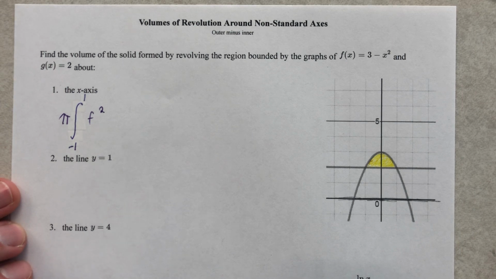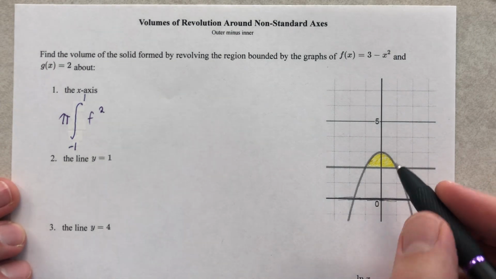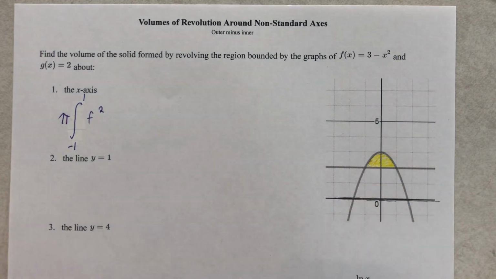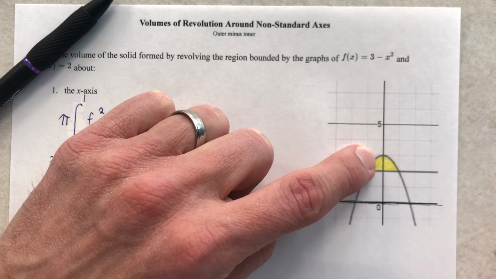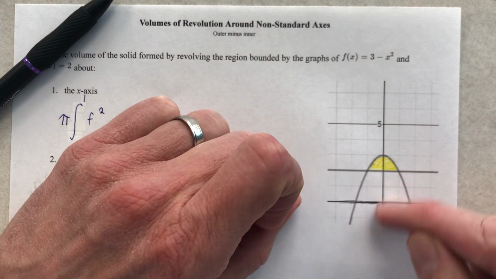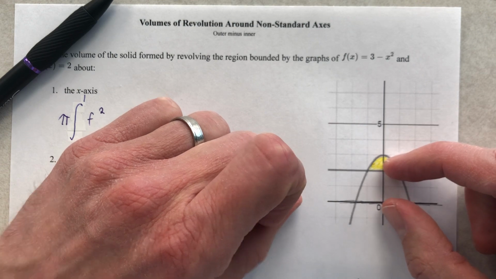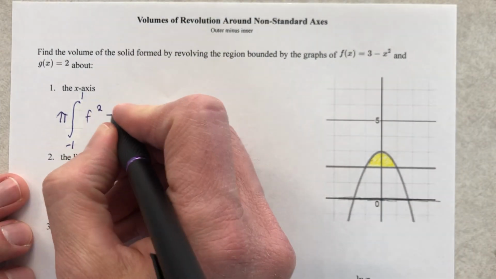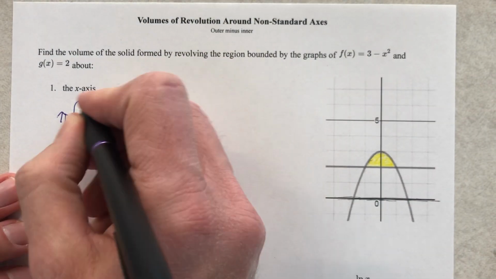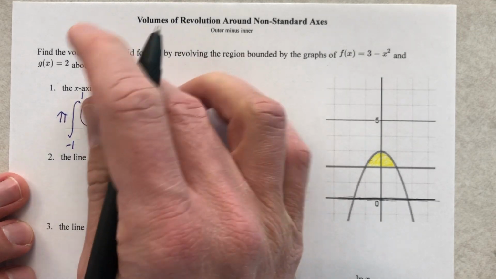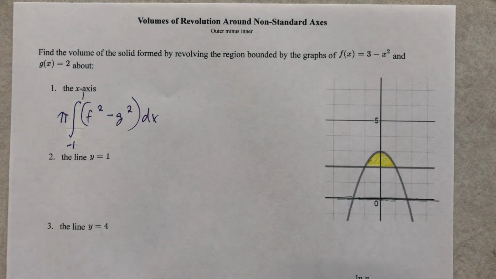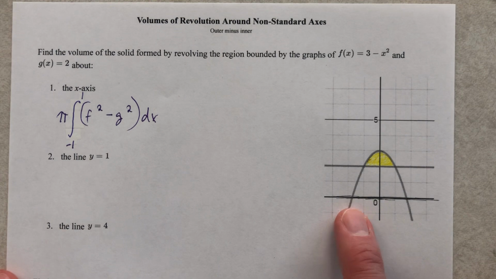And you'd be right. However, we've actually cut a hole in the middle of it, and that hole we subtract away, and that is the g function, squared. And this is it right here.